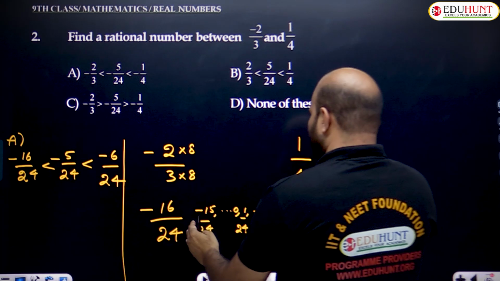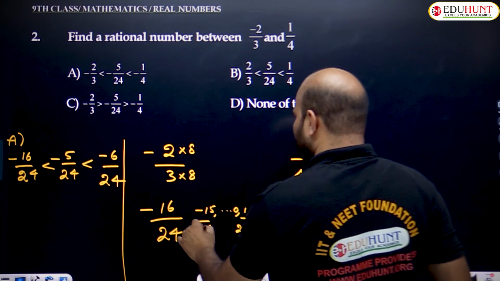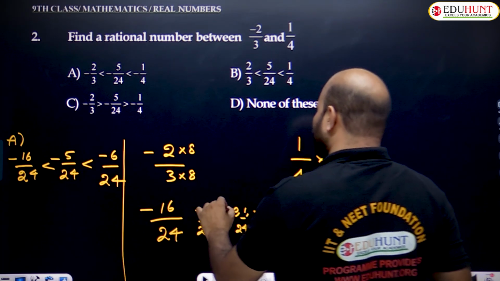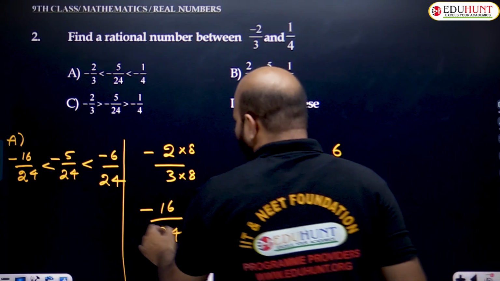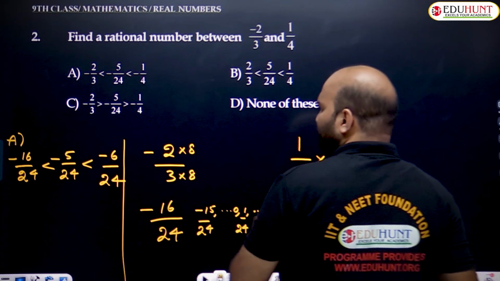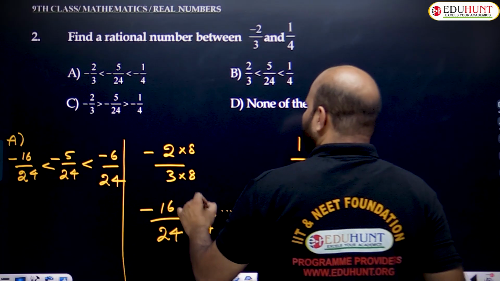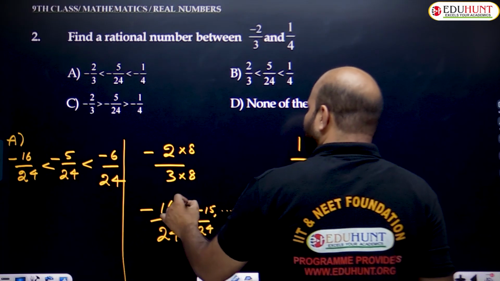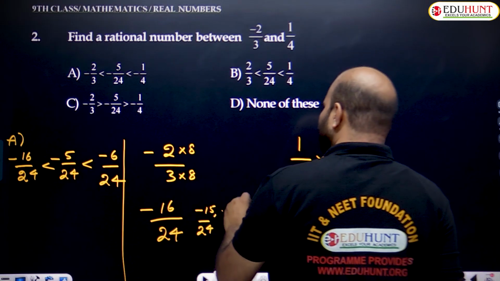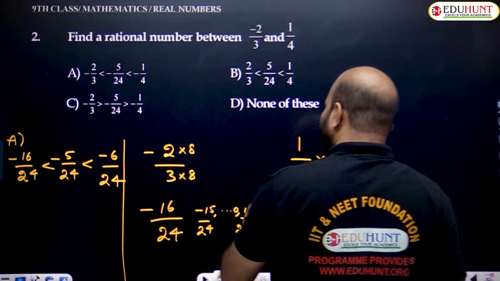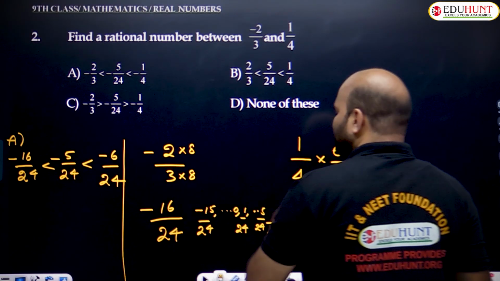How many numbers are bounded between them? Minus 15 by 24, minus 14 by 24, and so on, up to 5 by 24. All denominators are cancelled. This is the respective order. Minus 16 is less than minus 15, minus 15 is less than minus 14, and so on. 0 is less than 1, 1 is less than 2, and so on, and 4 is less than 5.